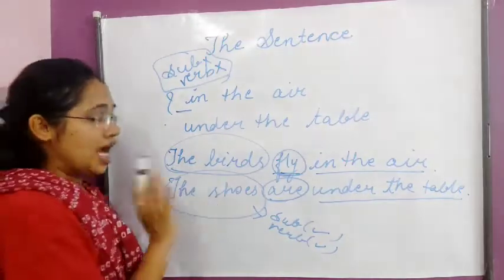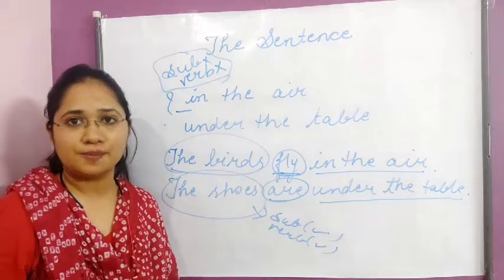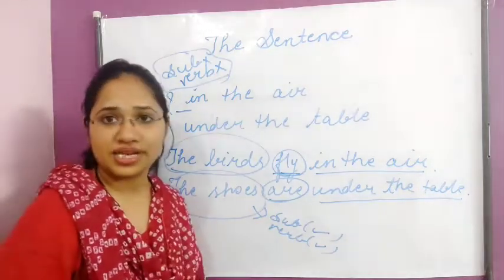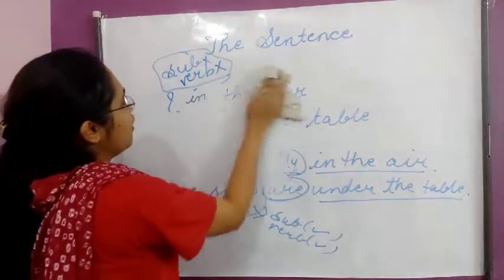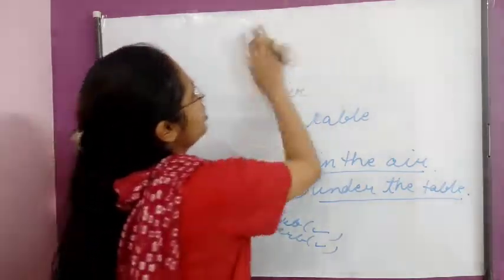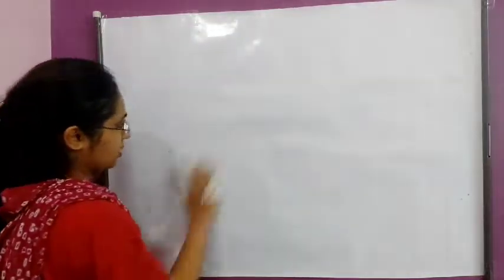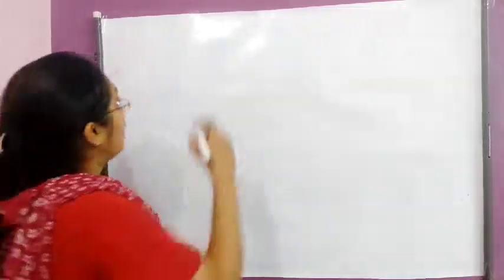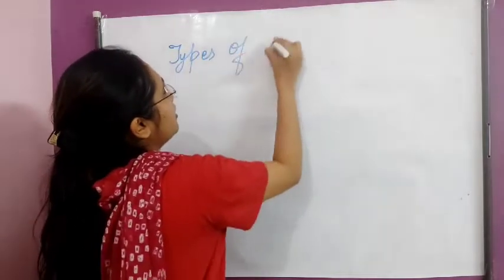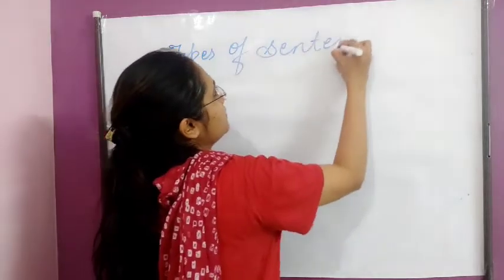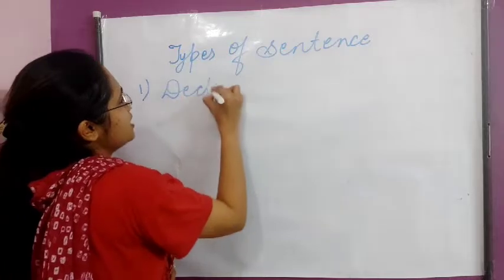Now there are various kinds of sentences also. We already understood the concept of a sentence, that a sentence is a group of words that make complete sense, but there are so many types or kinds of sentences. Here four kinds of sentence are there. Types of sentence. Number 1, declarative sentence.